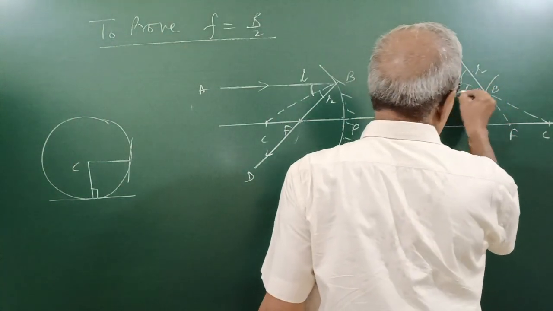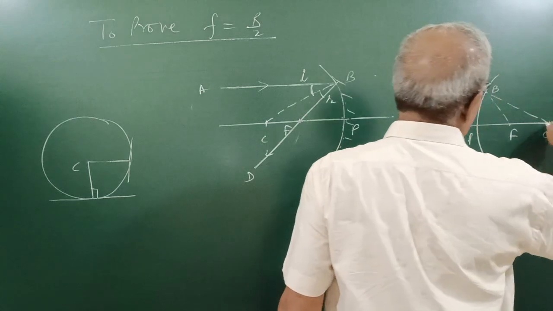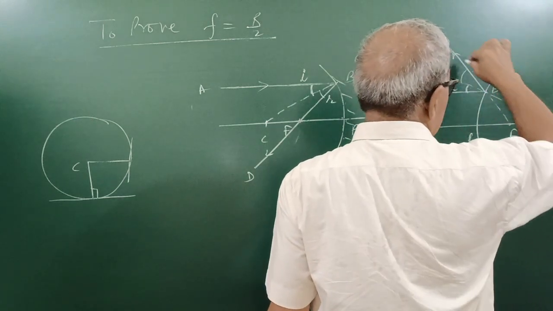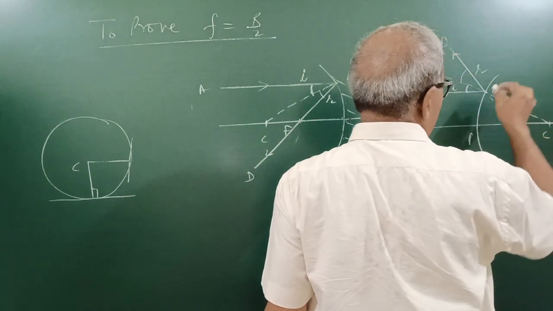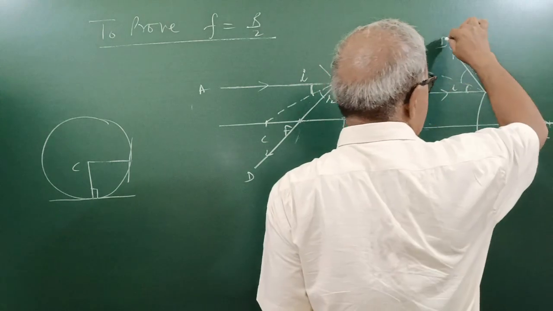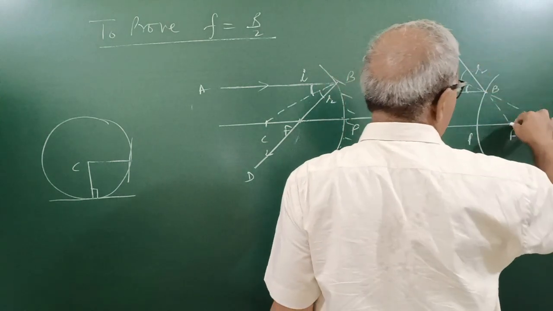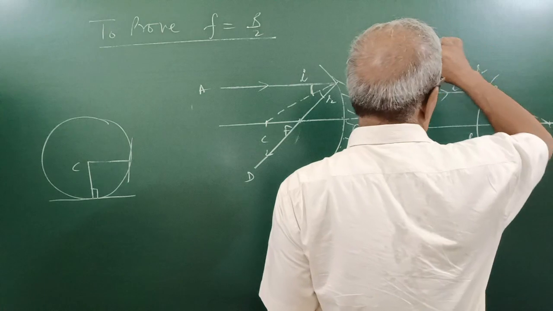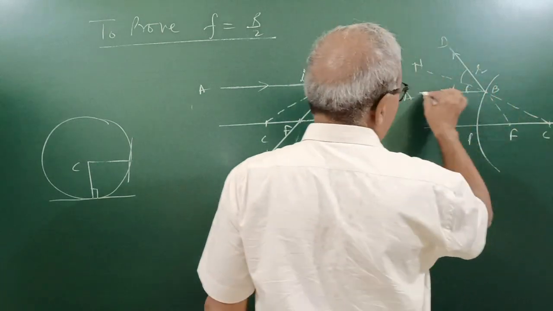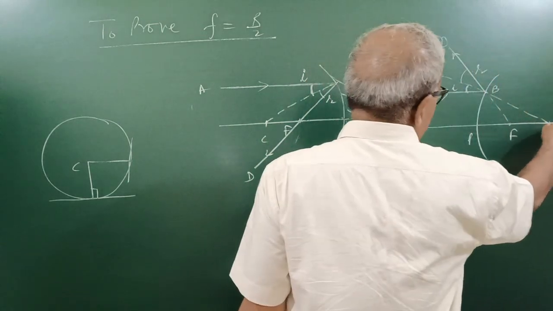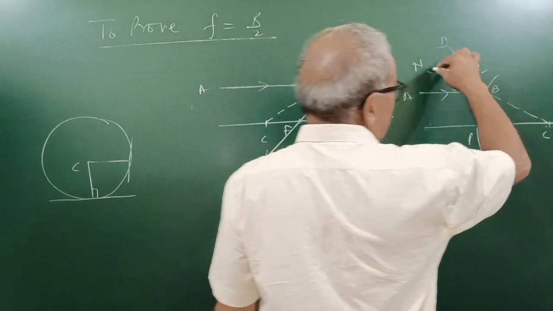This is parallel to the principal axis, and this one is the transversal. This is parallel to this, and CBN is the transversal.